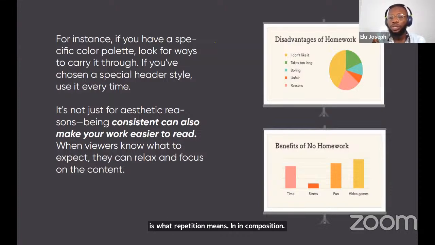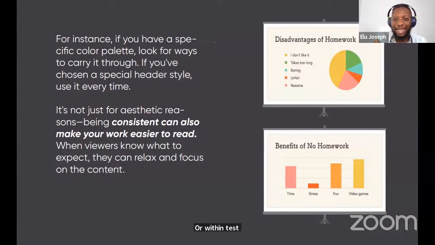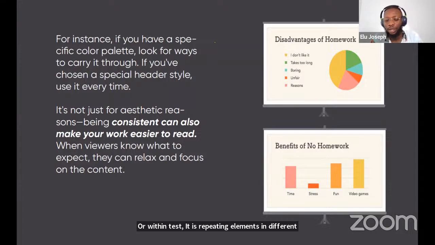So in composition, repetition is not creating patterns, it's not repeating shapes or repeating text to create pattern or texture. It is repeating elements in different designs to communicate unison so that these designs can be associated. A very, very good example is MTN.